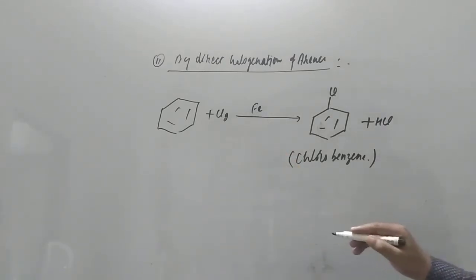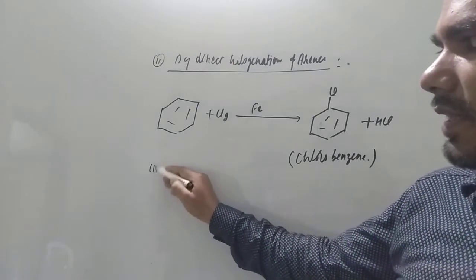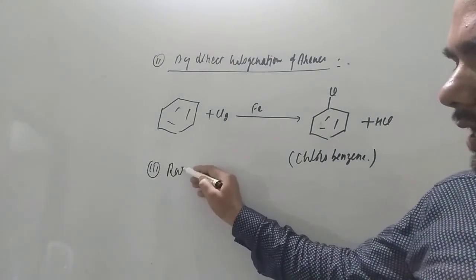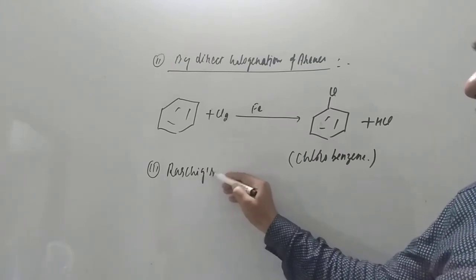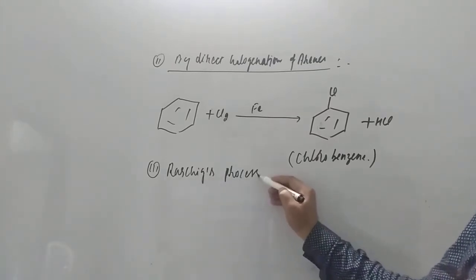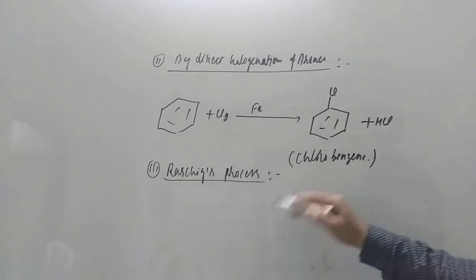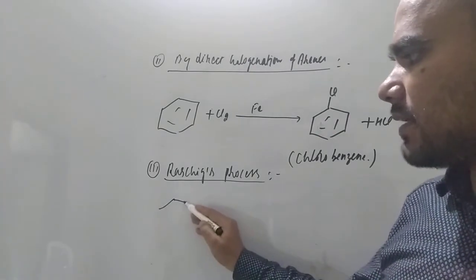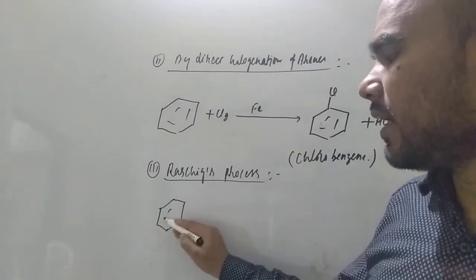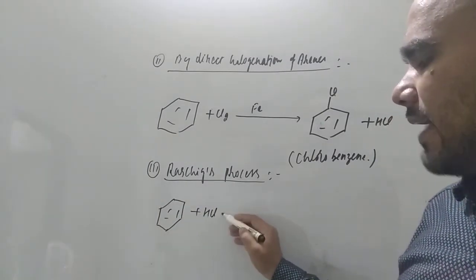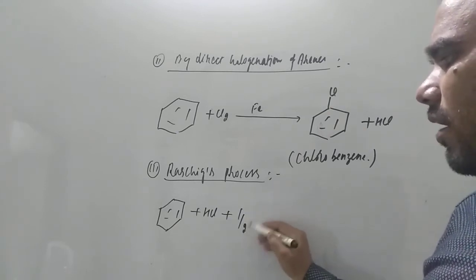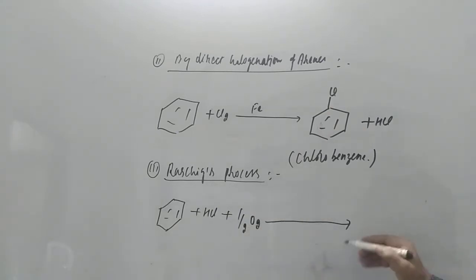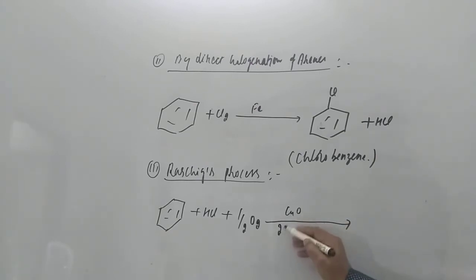And now the next one is the Raschig process, student. The third method is the Raschig process. This is also important for JEE. It is not there in CBSE, student. So benzene you are treating with HCl and oxygen, student. This benzene ring is treated with HCl and half mole of oxygen, in the presence of the reagent CuO, at 250 degrees Celsius.